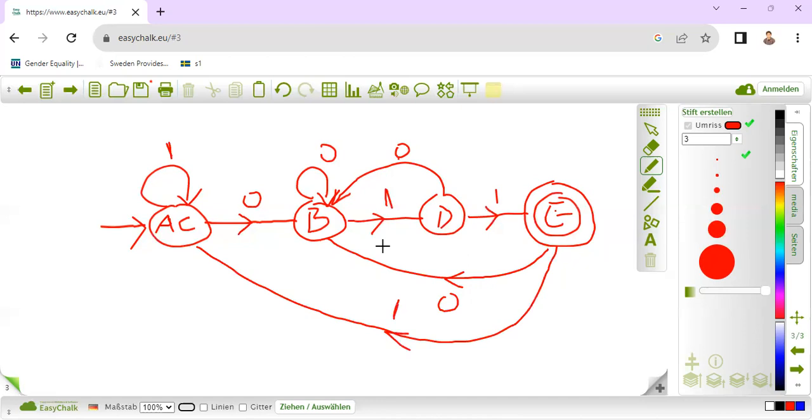So this is the final and minimal DFA which we have constructed from the given DFA.